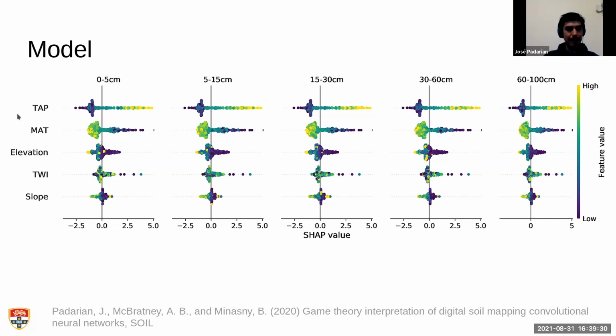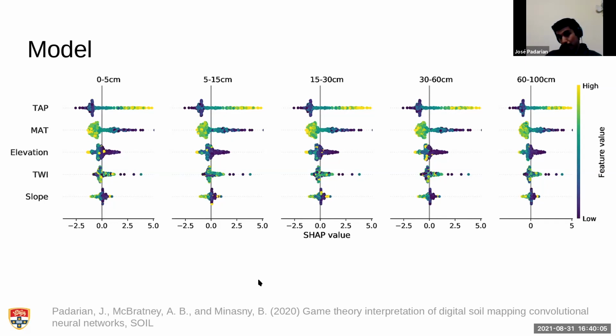And what you can see here on the left is the order of the covariates. It was a relatively simple model using precipitation, temperature, elevation, topographic wetness index, and slope. And the main contribution of these covariates to the model was, as expected in a really long country with a huge climatic gradient, the temperature and the precipitation first, and then important, but to a lesser degree, the topographic features.